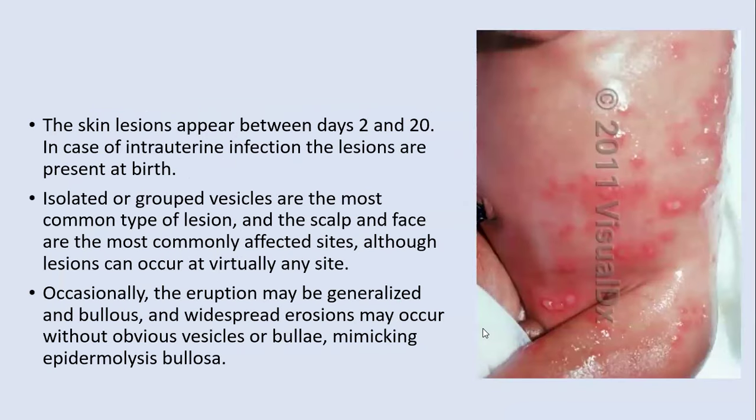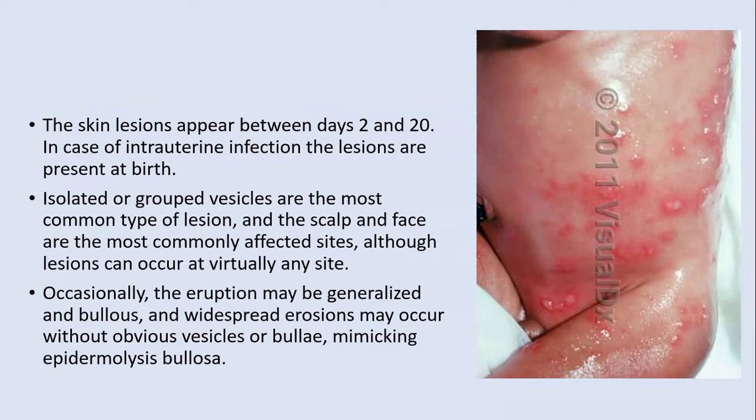So the skin lesions appear between day 2 and day 20. In case of intrauterine infection, the lesions are present at birth. So if the disease is acquired at the time of labor, then the disease manifests at day 2 to 20.